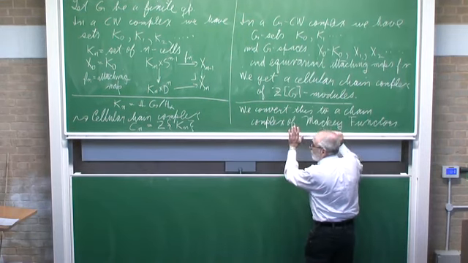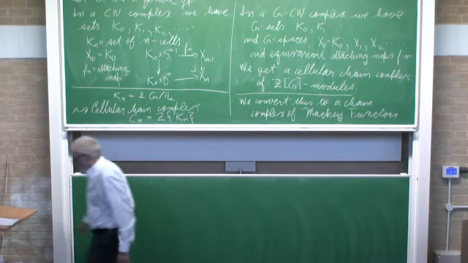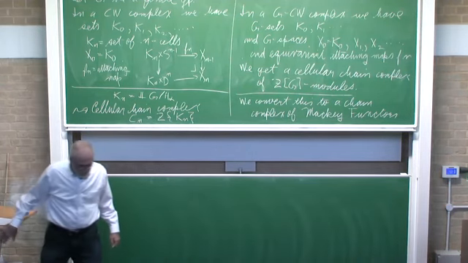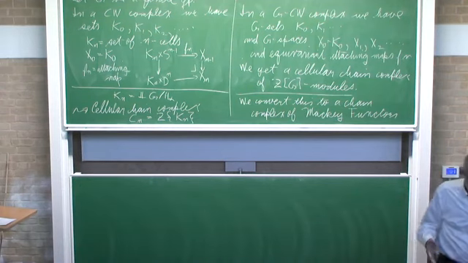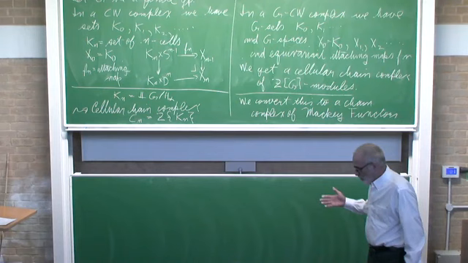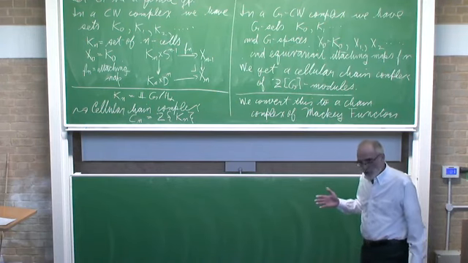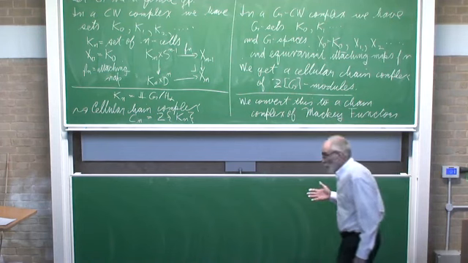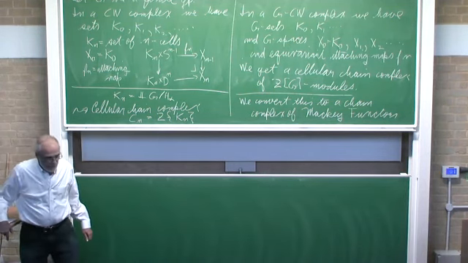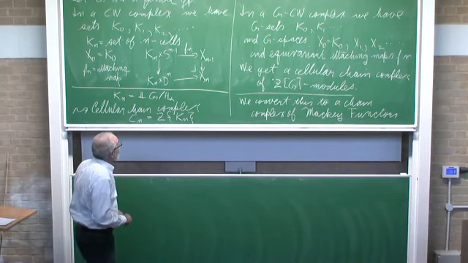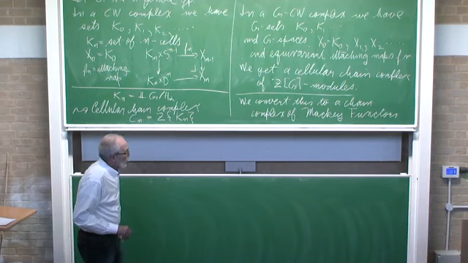Now, a Mackey functor is a gadget that formally is a functor from the category of G-sets to abelian groups that has certain properties, one of which is that it converts disjoint union into direct sum. That means the value of any Mackey functor is determined by what it does on orbits like this.